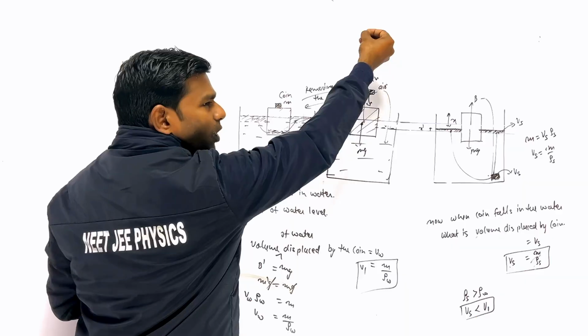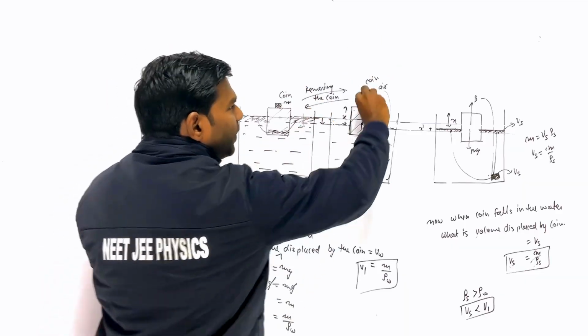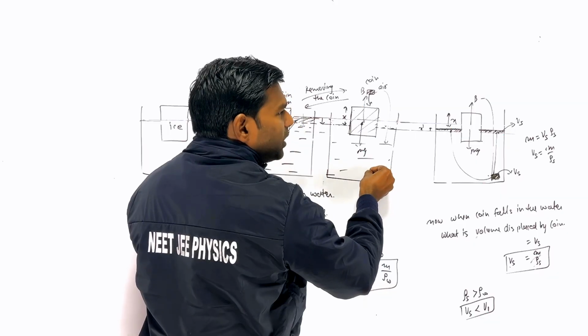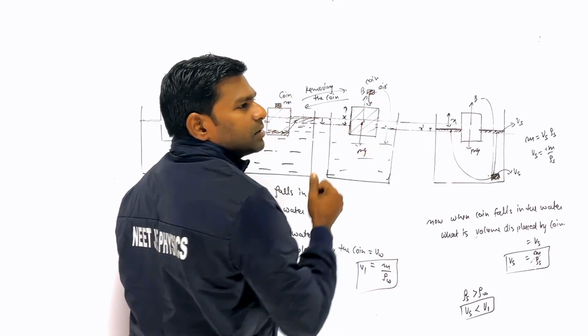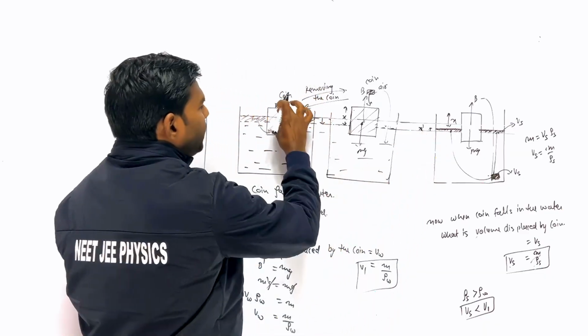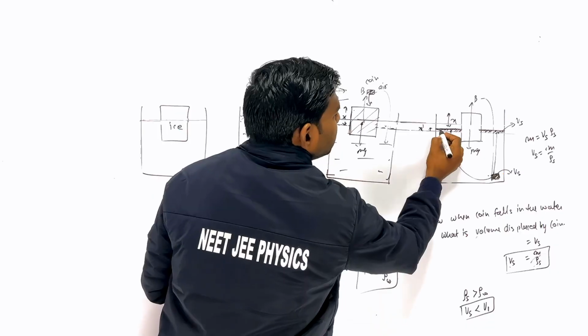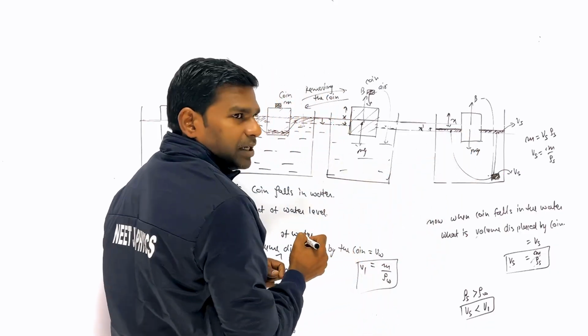When you remove the coin, the water level goes down, right? When this coin falls in the water again, the level goes up. But this is a very small portion compared to this. So ultimately this is the initial level and this is the final level, right?